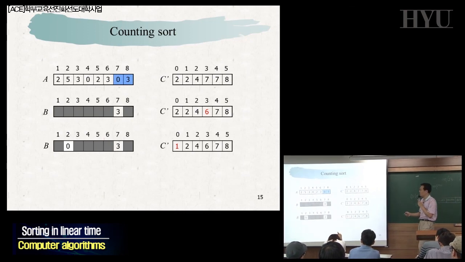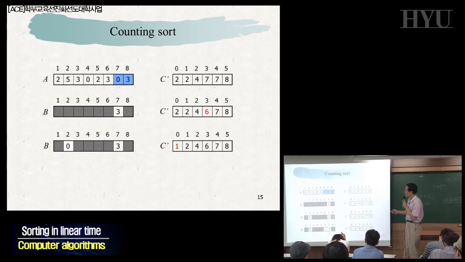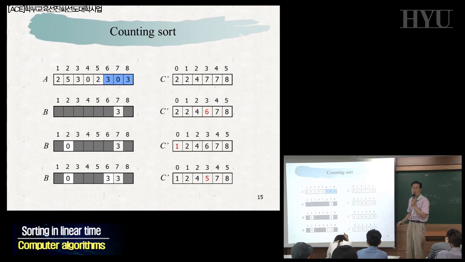Okay, next we see 3 again. Then we access the third entry in the C prime array, and it's 6. We store in the 6th place the 3 here. And then we decrement the value by 1.